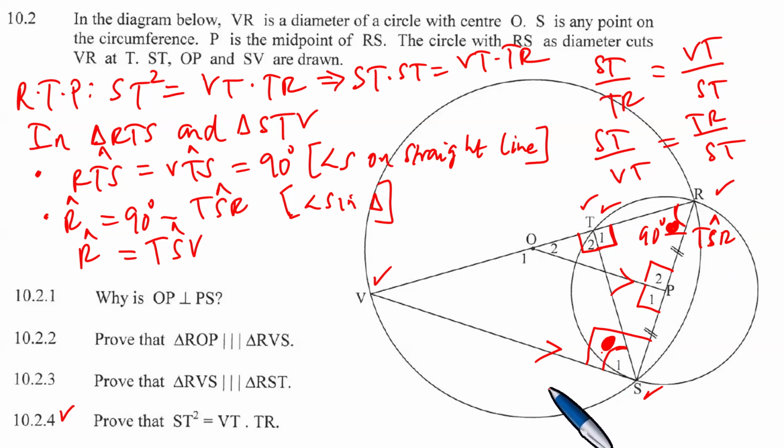And that is true because this angle here, angle R, is 90 degrees minus TSR, but also this angle here is the whole 90 degrees minus TSR. So TSV is equal to angle R. Note that one. Let us continue.